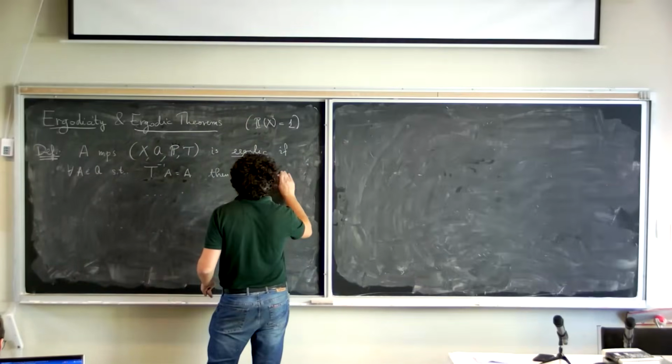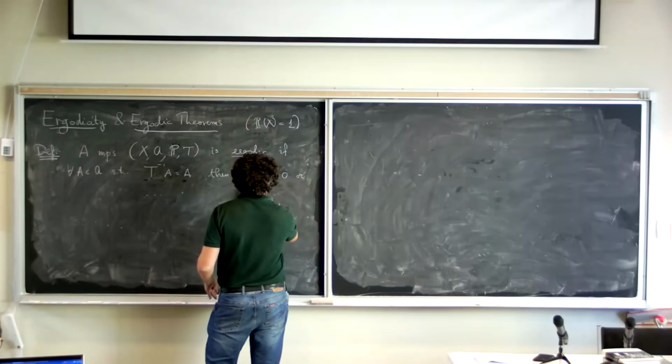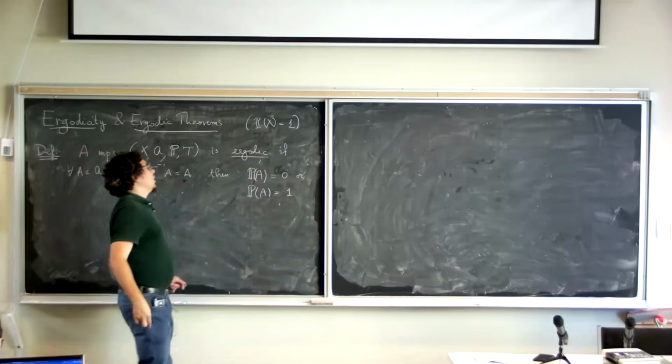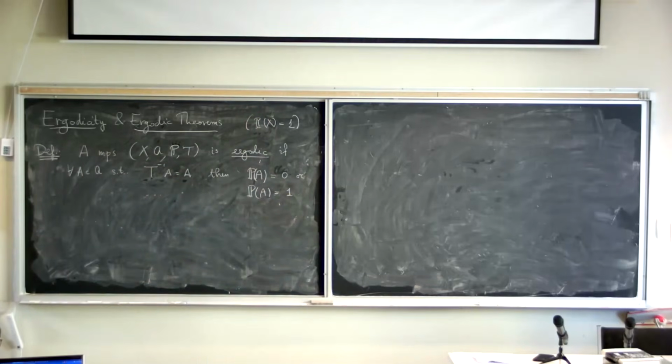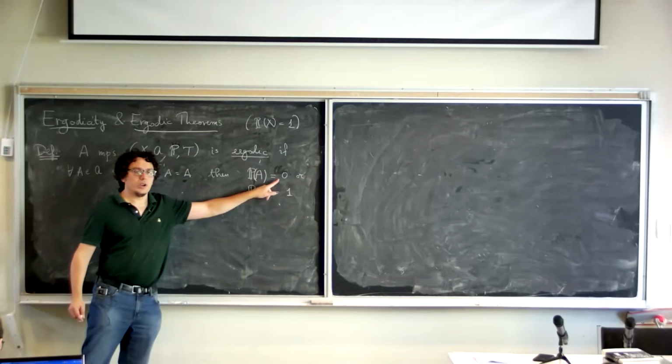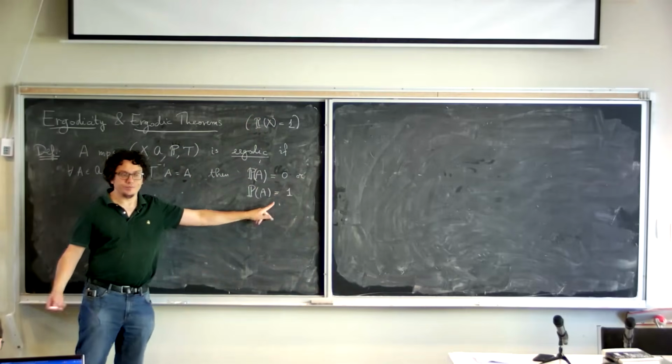So then P of A is either 0 or P of A is 1. So every invariant set for your system has either 0 measure or it has measure 1.